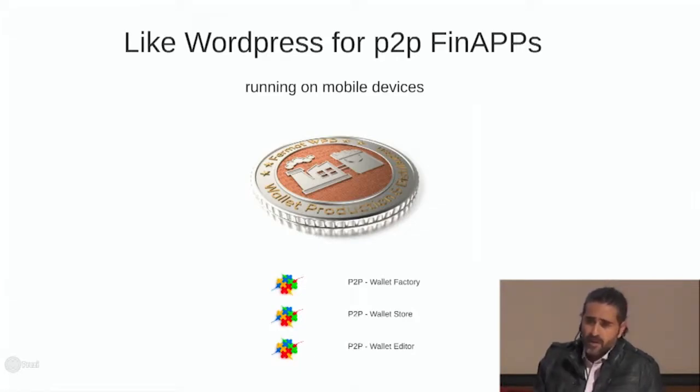We built a lot of infrastructure for this, our own wallet factory, where the applications would be created in the telephone itself. We built a wallet store where you would download these financial applications, but the store would be distributed. It could only be downloaded from some phones, and the idea is to avoid censorship in every way.